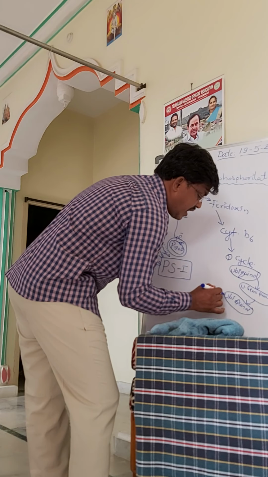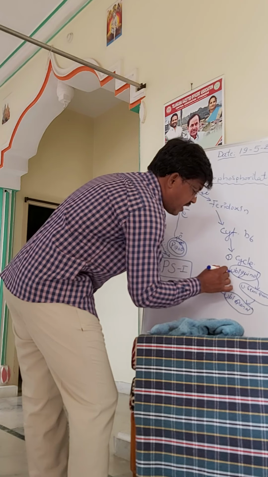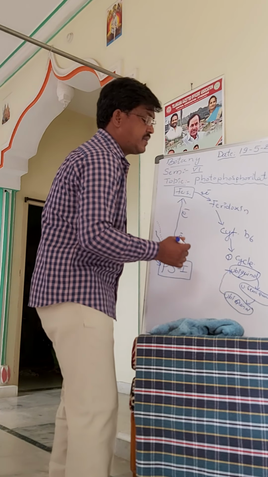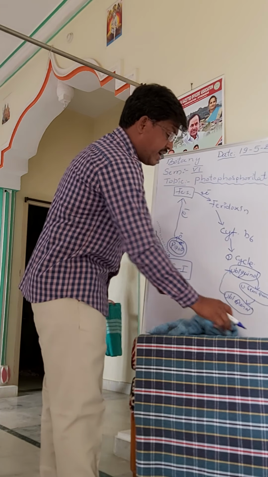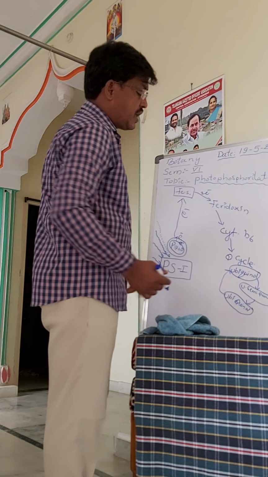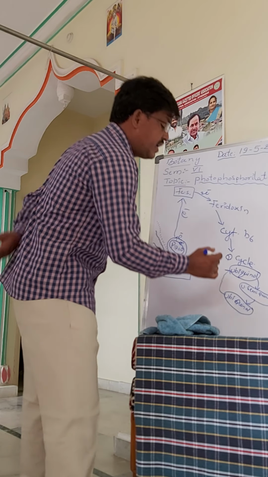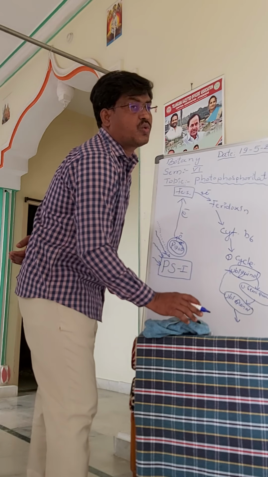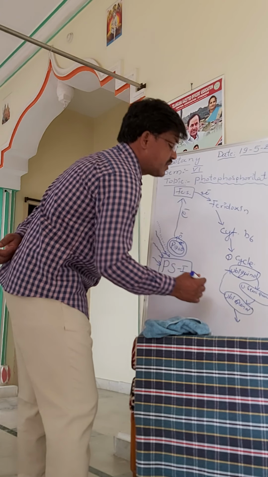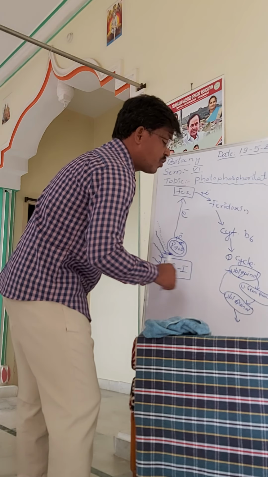And this ubiquinol releases an electron and it releases a proton, and it is again modified. So again this is something about the quinone cycle. And next this electron is transferred to cytochrome C, no, not cytochrome C, cytochrome F.